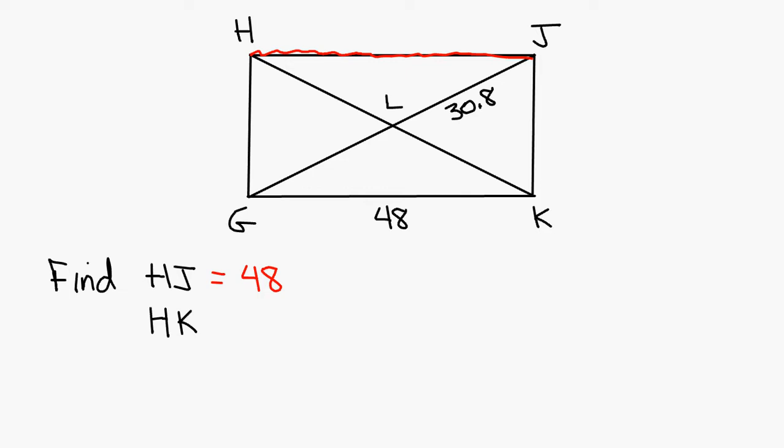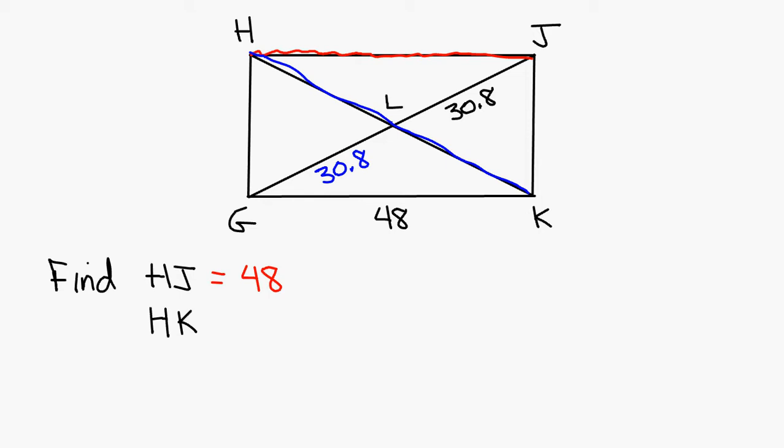And H to K. Okay, so take a look at H to K. This diagonal. All right, so we know that the diagonals bisect each other, and in this rectangle they're congruent. So if L to J is 30.8, then G to L is 30.8. All right, so what does that make it? 61.6?